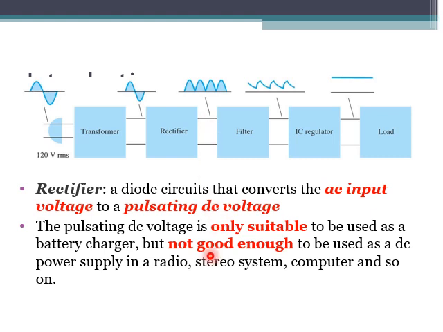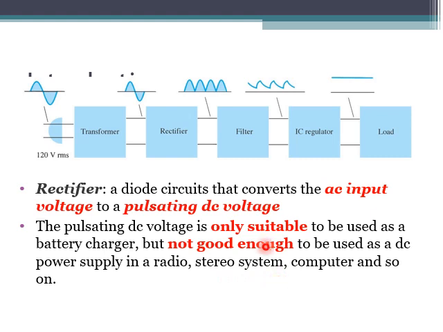That pulsating DC voltage is only suitable to be used as a battery charger, but not good enough to be used as a DC power supply in radio, stereo system, computer, and so on, because this pulsating DC contains AC as well as DC. So it is not suitable for the radio, stereo system, computers, and so on.